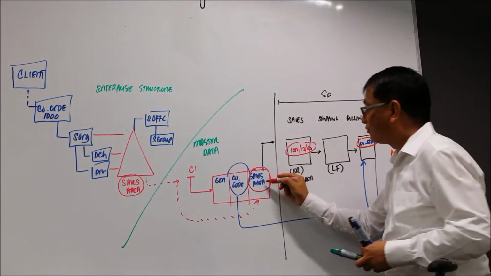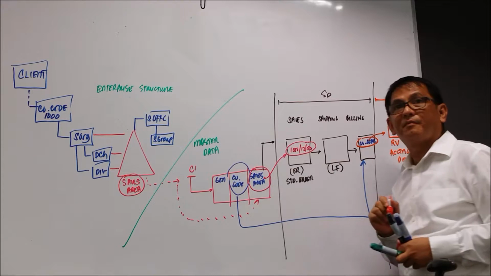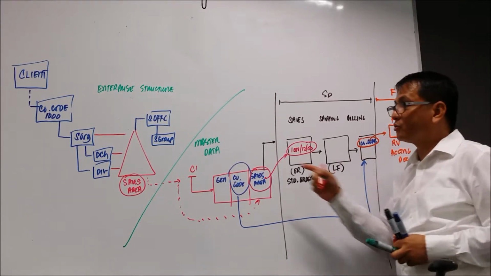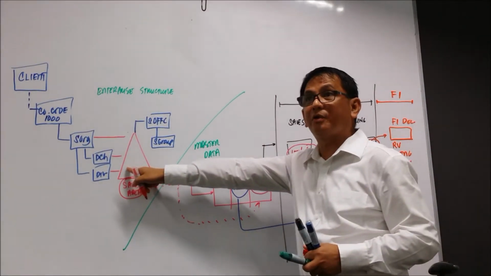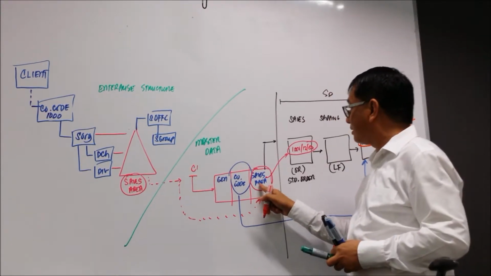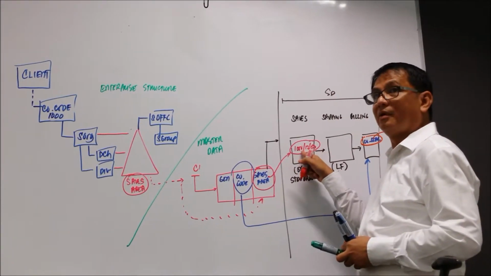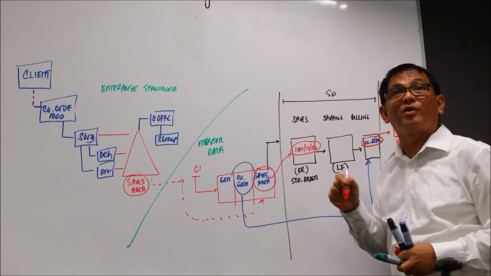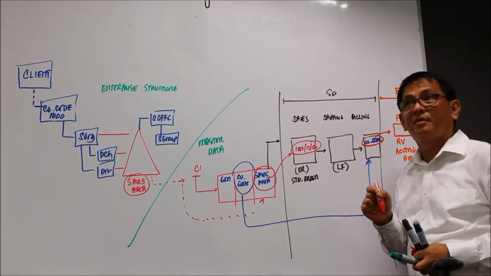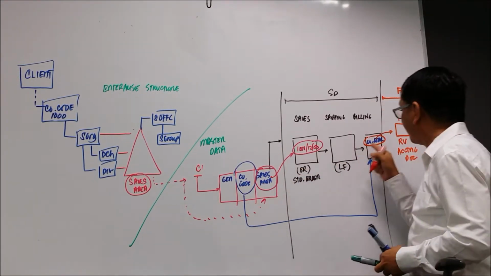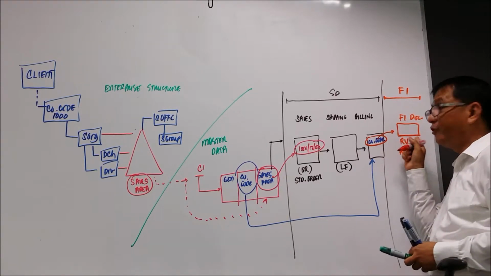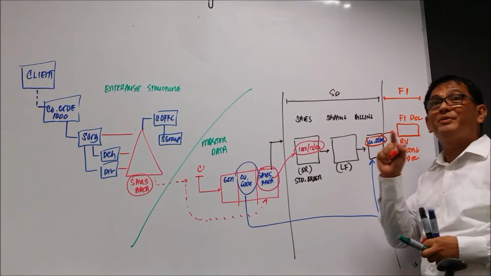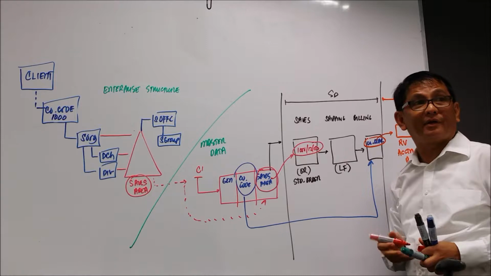Okay? So from here, it goes there. The sales area that you created in enterprise structure is used here, it jumps here, because you cannot create a sales order without a sales area. This company code part helps determine part of your accounting document. To be specific, that's the debit part.